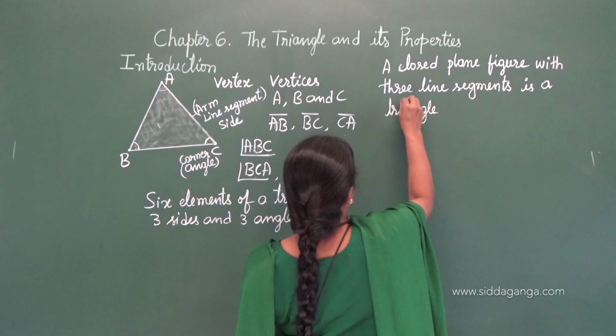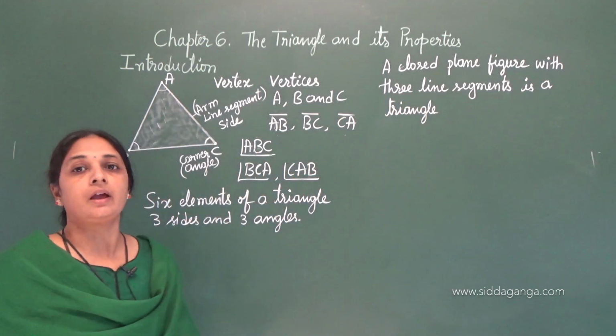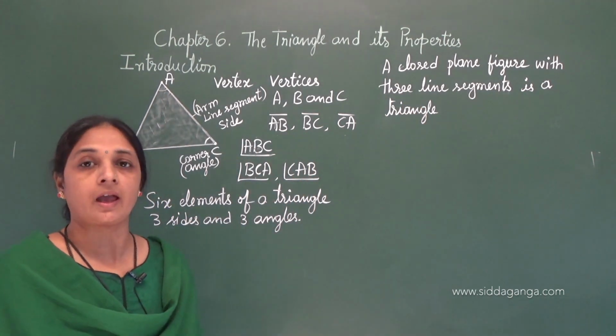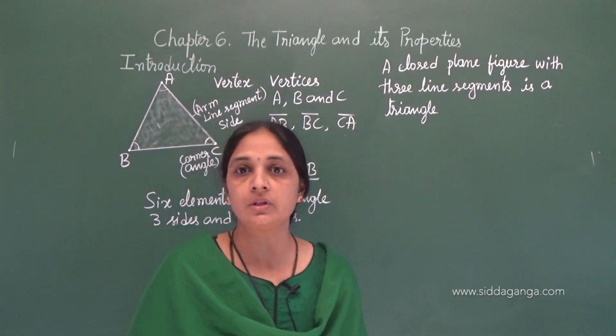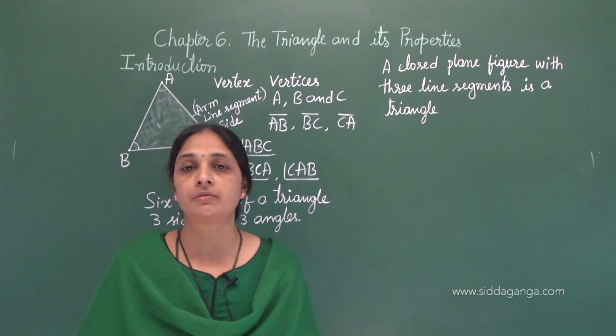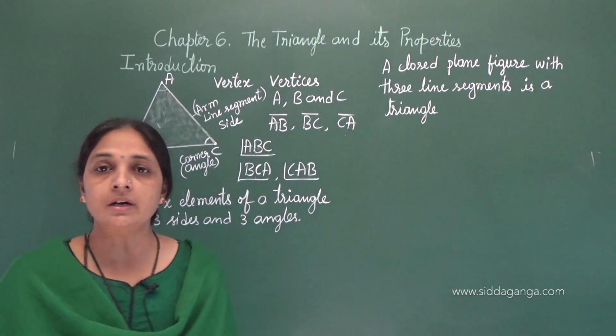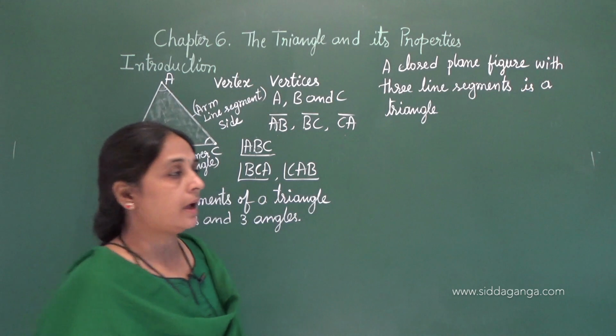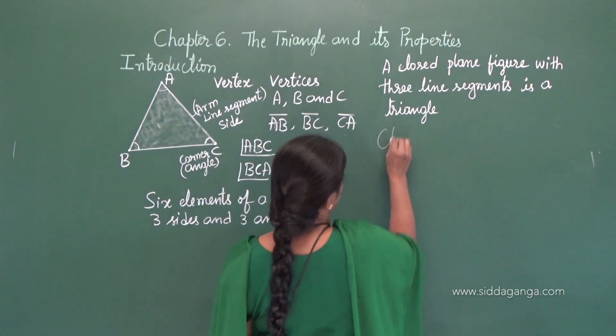Here we can classify triangles on the basis of angles and sides. Already we know that we can see 6 types of triangles based on their sides and angles. Okay, classification.